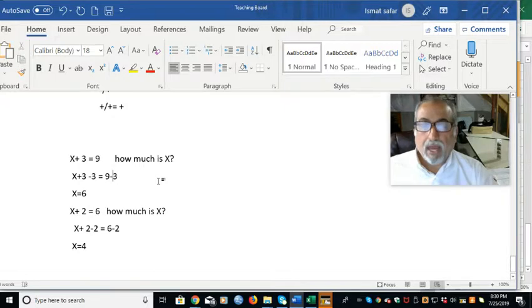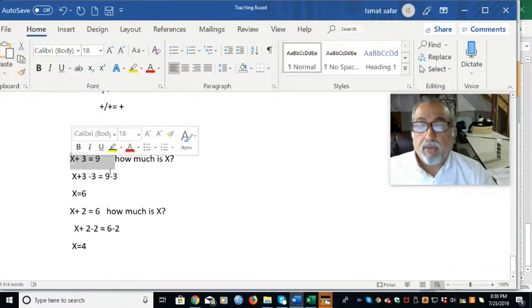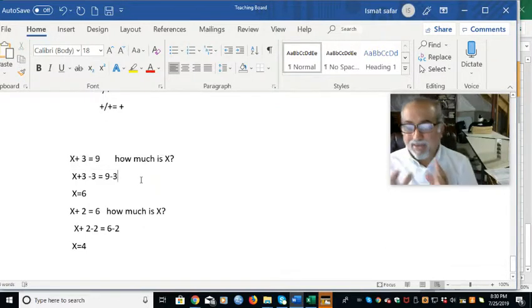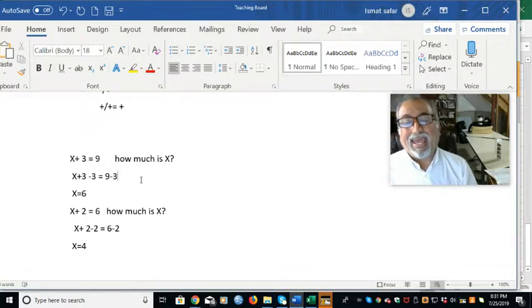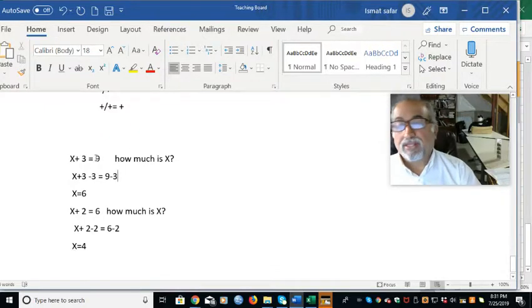Now x plus 3 equals 9. How about if we subtract 3 from both sides of the equal sign? If we do that, we keep the balance of the equation. You can never add or subtract different numbers from both sides of the equation.